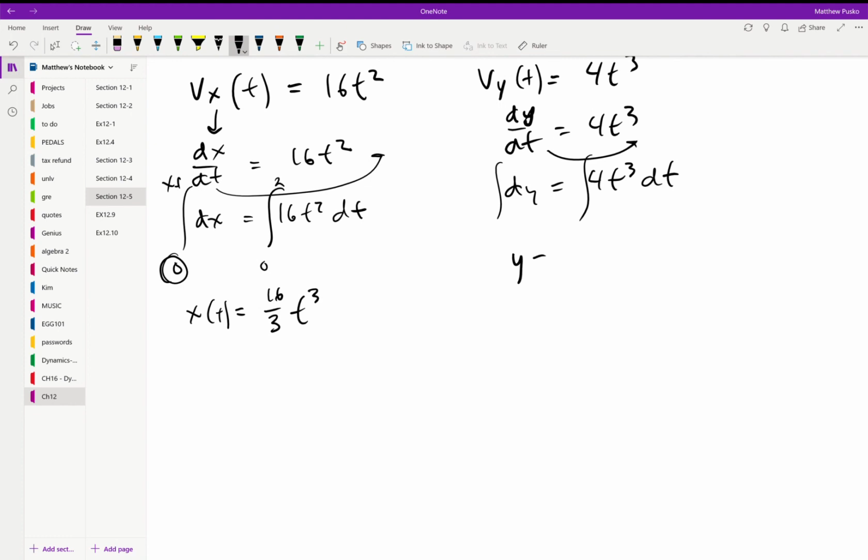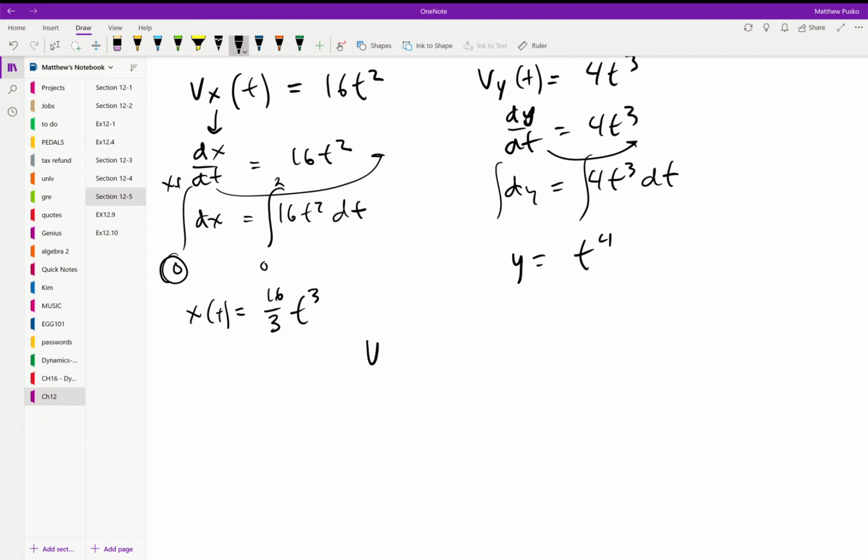I get y at some t as t to the fourth. Alright, and we can evaluate that at any t also.